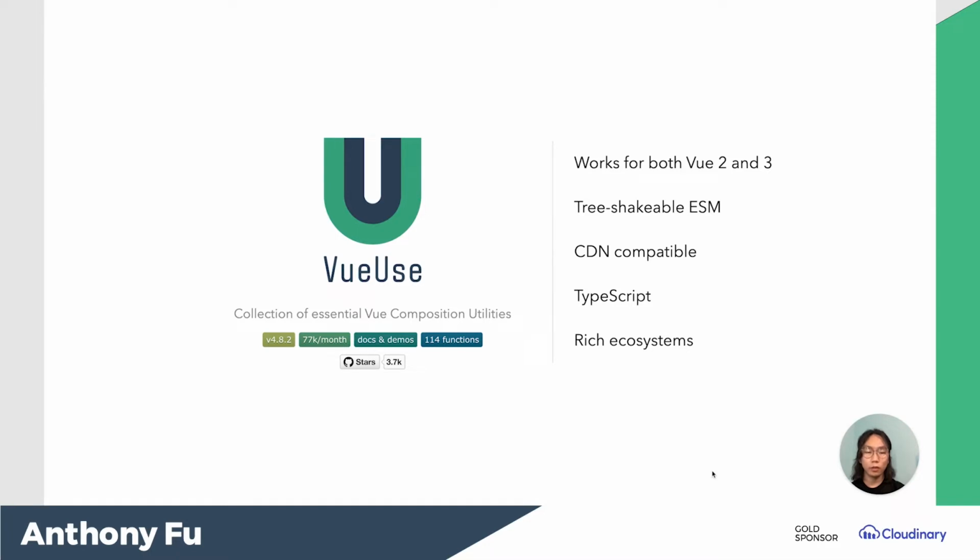We are now an organization on GitHub with 9 team members and 8 add-on packages for different integrations, like motion and document head management. We also have more than 100 utilities in the core package that work for both Vue 2 and 3. I really appreciate all the contributors in the awesome community.